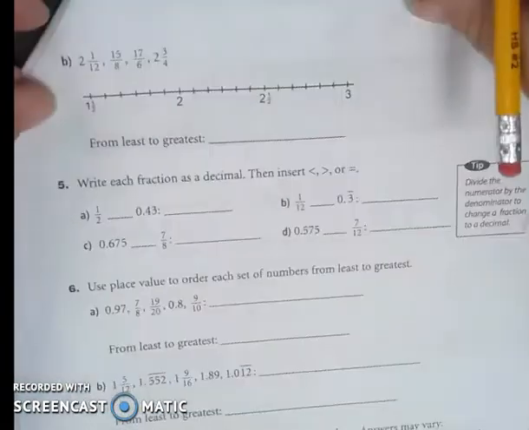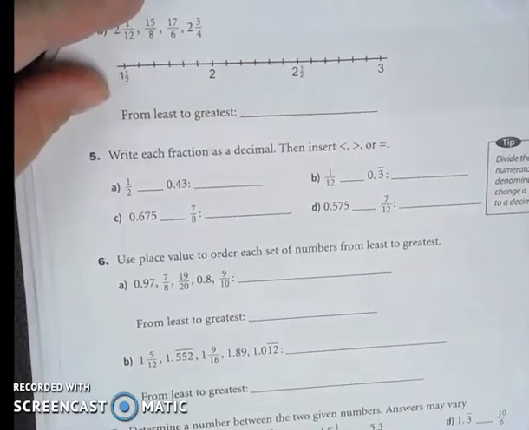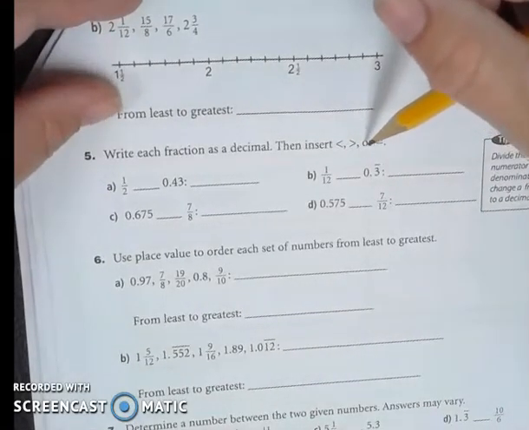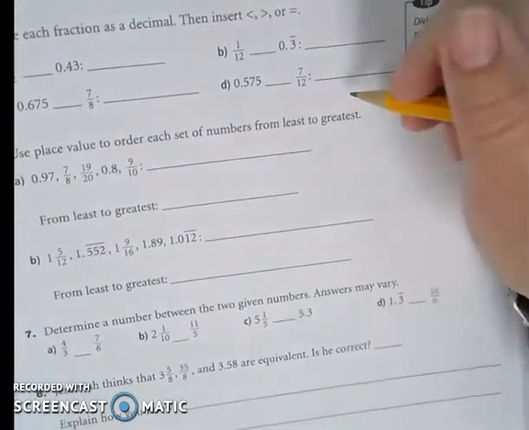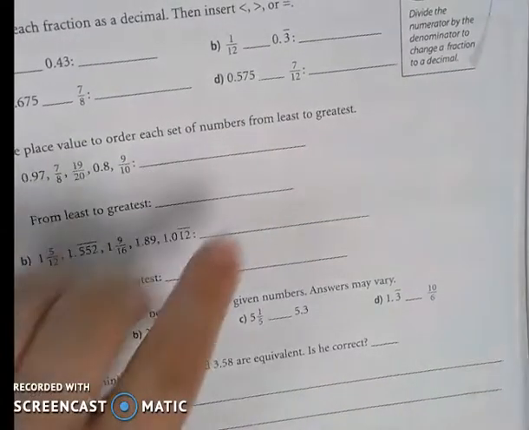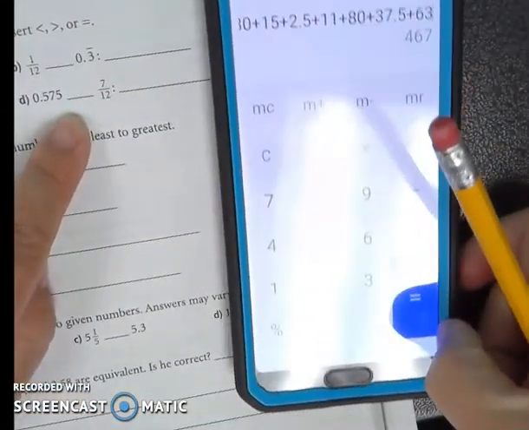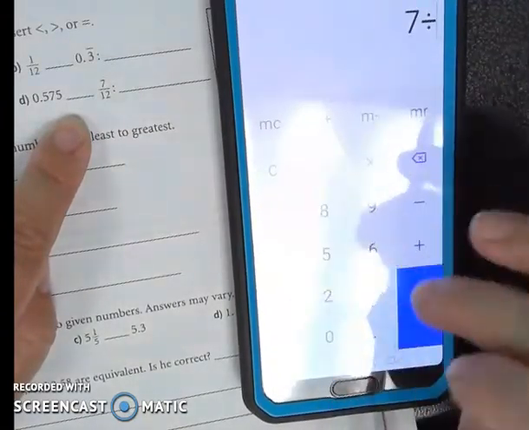All right. Now, it says write each fraction as a decimal and then figure out which one is greater than, less than, or equal to. So the way that we do that is by using division. I'll do number D with you. So the first thing that we want to do is to say 7 divided by 12.